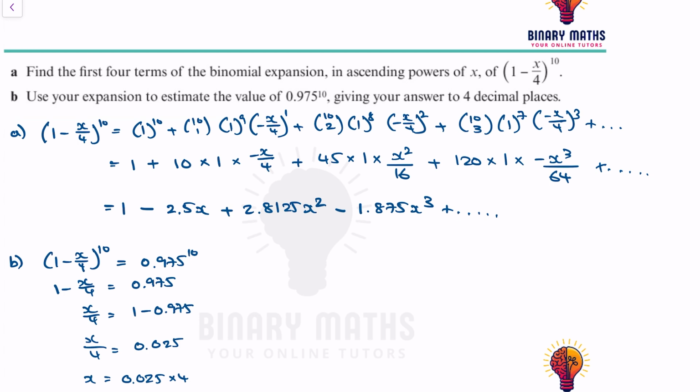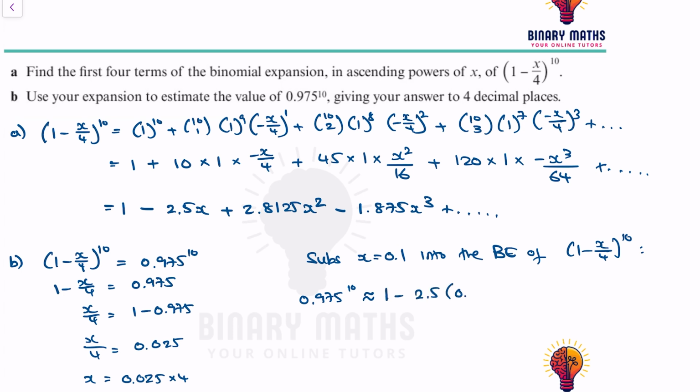Now that I know what x is equal to, I need to substitute x equals 0.1 into the binomial expansion of 1 minus x over 4 to the power of 10. So that means 0.975 to the power of 10 is approximately equal to, because we're only using the first 4 terms to get our answer, 1 minus 2.5 times 0.1 plus 2.8125 times 0.1 squared minus 1.875 times 0.1 cubed.